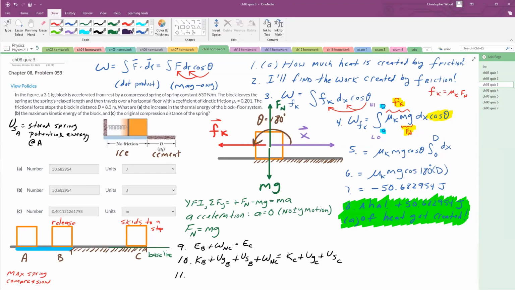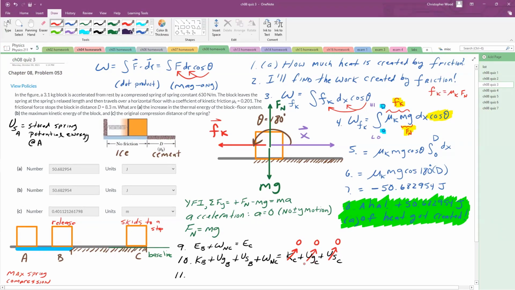Here's the low-hanging fruit. At C, I've skidded to a stop. There's no kinetic energy, no gravitational potential energy, no spring energy. Make sure you know why those are 0. There's no kinetic energy because it skids to a stop.